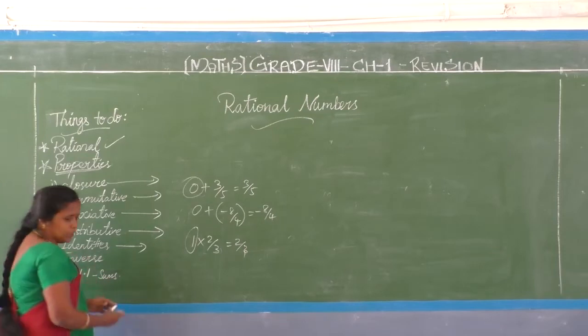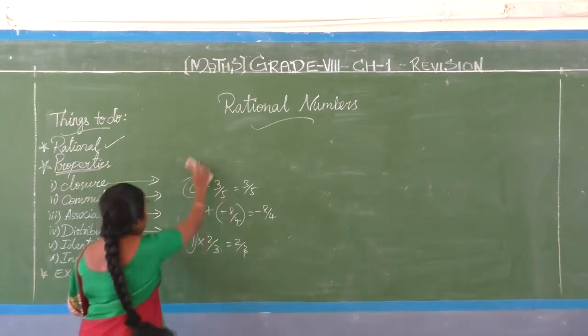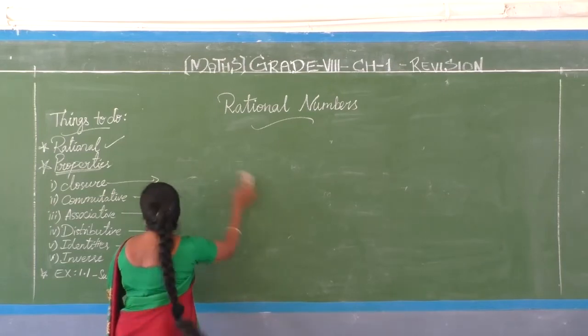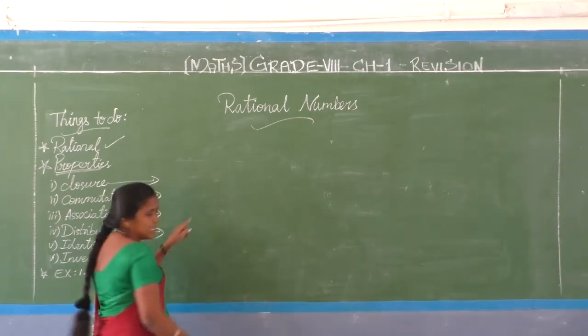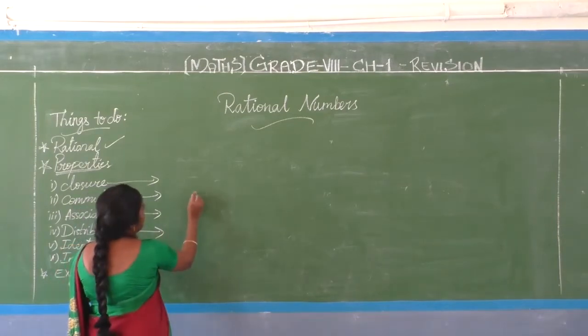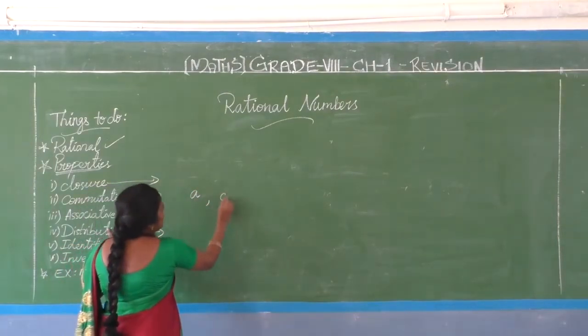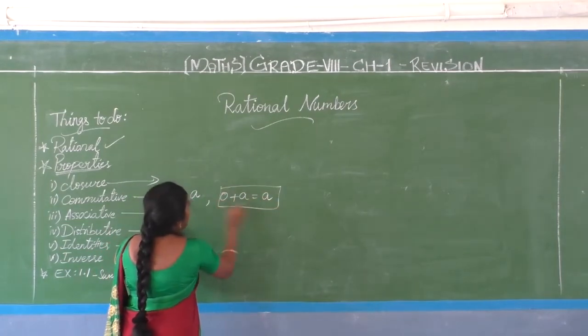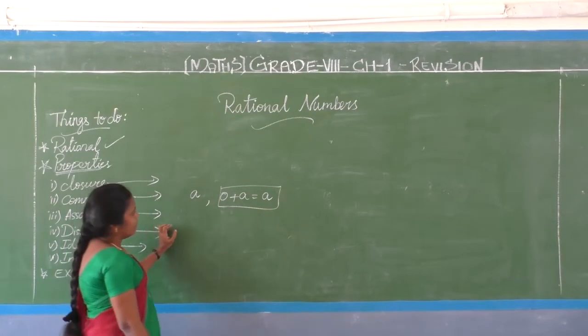Next, inverse. Inverse is also a property we proved. The general form of identity: for any rational number a, 0 plus a equals a. Clear? 0 is called the additive identity.